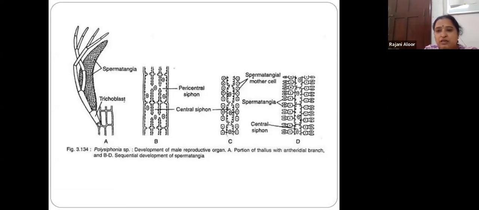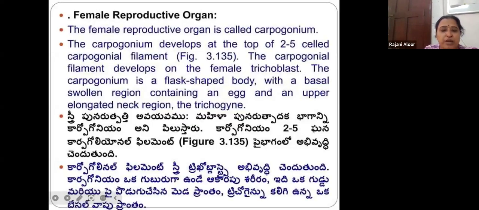But you can observe that in this spermatangium the male gamete has no flagella. That is why it is a non-motile male gamete, the spermatium. The spermatia are liberated from the spermatangium through a narrow apical slit of the wall, and they are dispersed through water. This is the development of the male gamete.